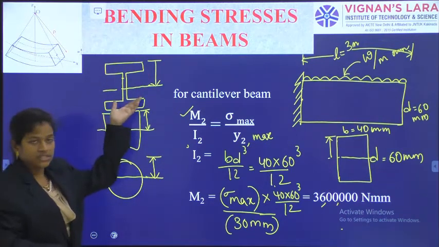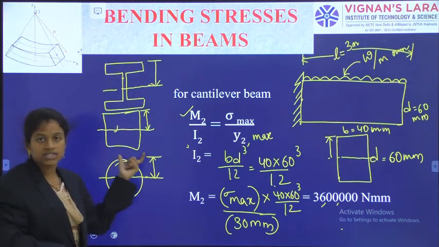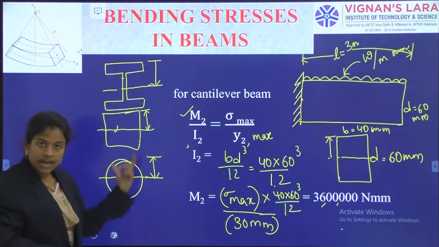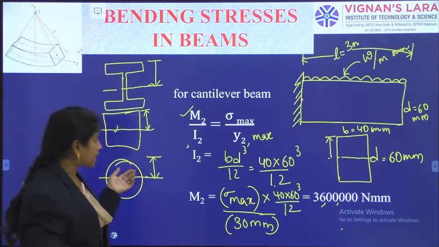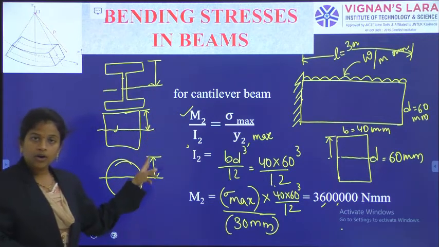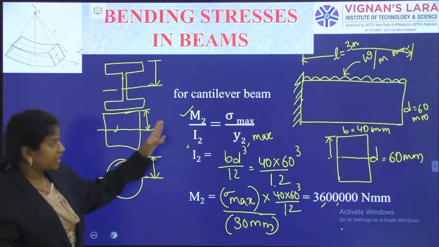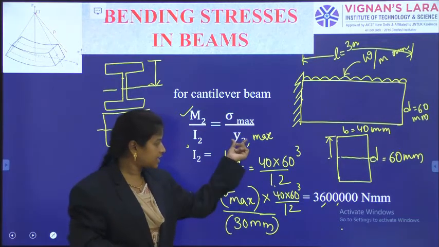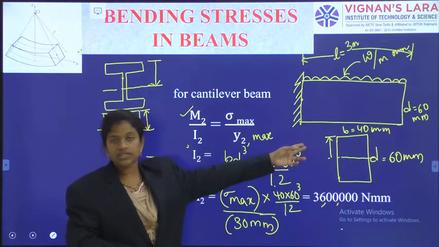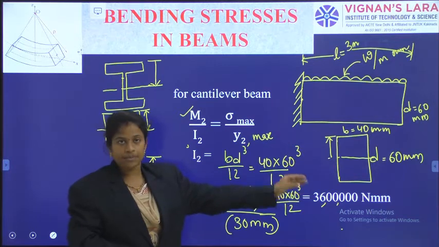For such symmetrical sections, rectangular, square or circular, the depth of the neutral axis is total depth by 2. So Y2 is equal to 30 mm, because I have got the total depth as 60 mm.